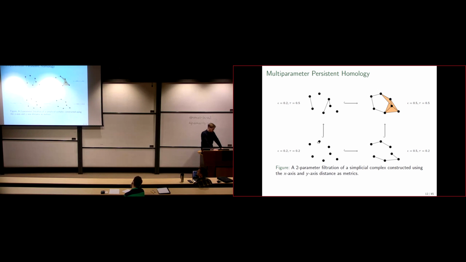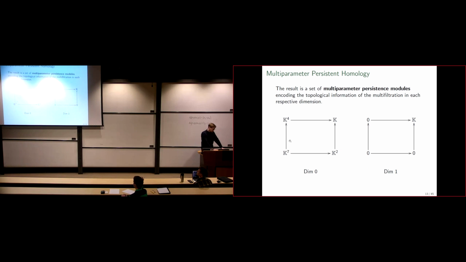Here, these are 7 individual points. But when we move in the x direction and increase epsilon to 0.5, the points get connected and it results in 2 components. And that's why we have a 2 here. And in the y direction, we have 4 components. And then at the filtration value epsilon equals 0.5, tau equals 0.5, we only have 1 component. And that's why there's only 1 k here.